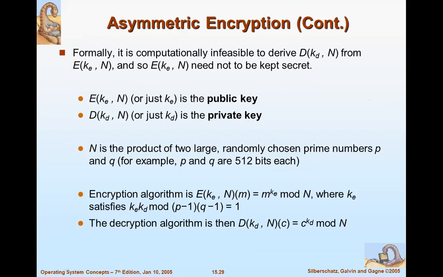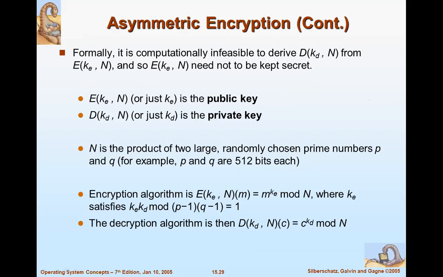Over here you can see in asymmetric, it is computationally infeasible to derive DKD,n from EKE,n, and so EKE, the key for encryption, and n need not be kept secret.